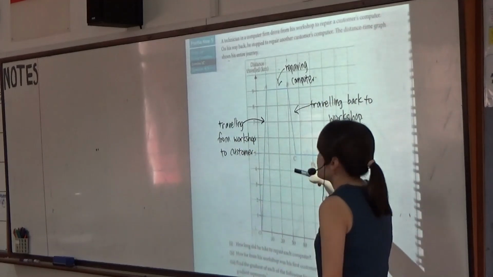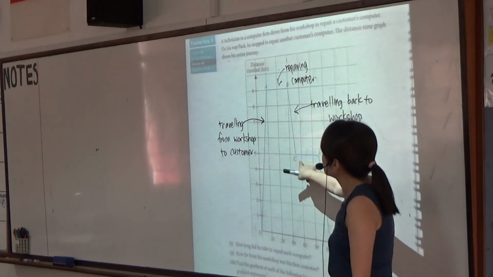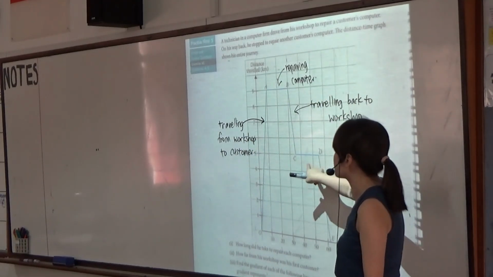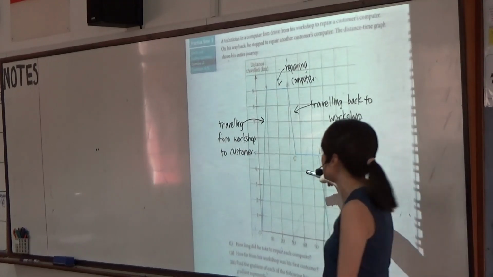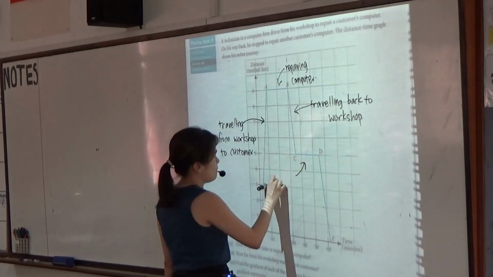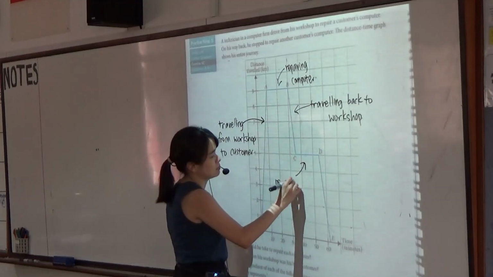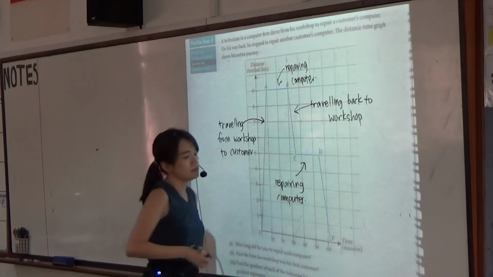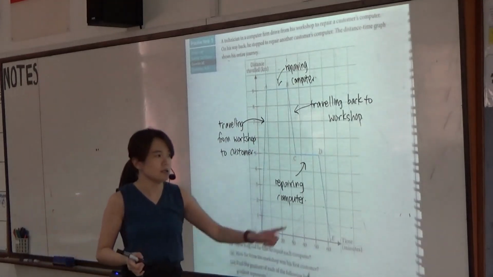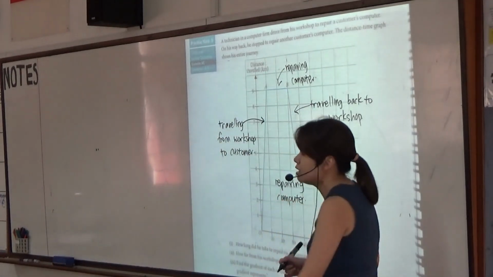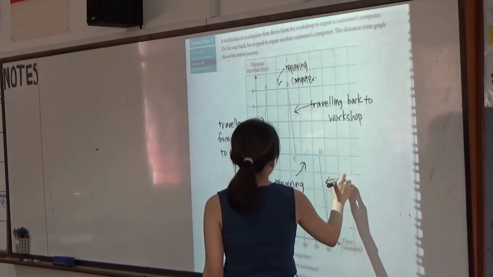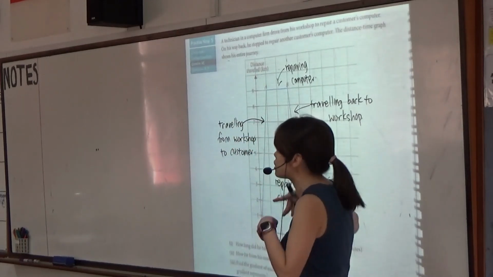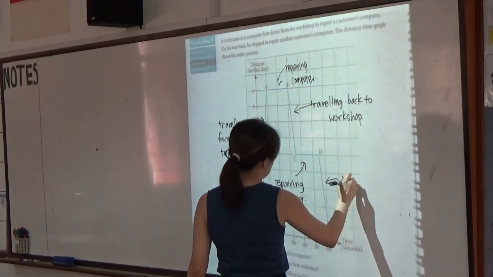But it said that he stopped over to repair another person's computer, so therefore from C to D, he is again repairing a computer. And then finally, from D to E, we see that after finishing repairing, he goes back to the workshop.